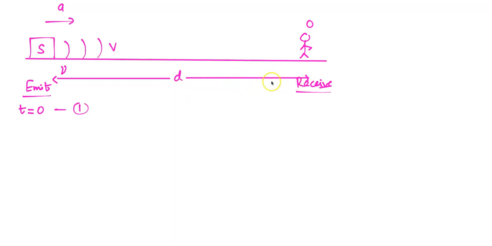Well, it's going to take a time. This wave is going to travel at the speed v, correct, and hence it's going to reach the observer at a time d over v, correct. Awesome. So far we just use the basic definitions of speed and distance, very basic stuff, so I think this is correct.